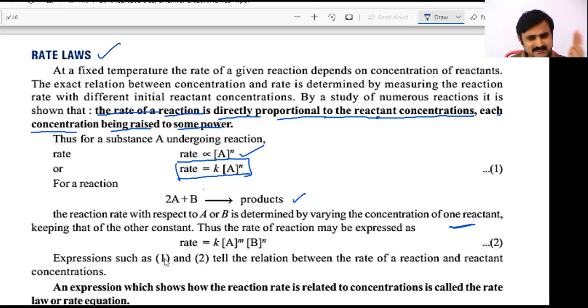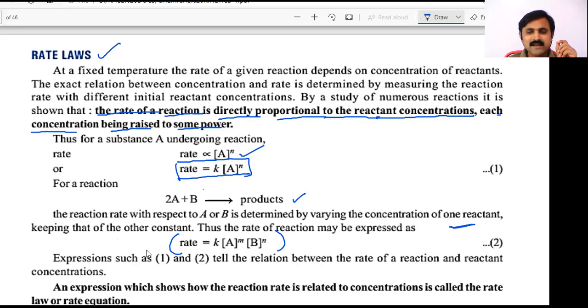So one reactant concentration is changing, while the other reactant concentration we are not changing. Keeping the others constant, the rate of reaction is expressed as rate equals K times the concentration of A to the power m and the concentration of B to the power n. Small m is the power of the concentration of reactant A, and n is the power of the concentration of reactant B.